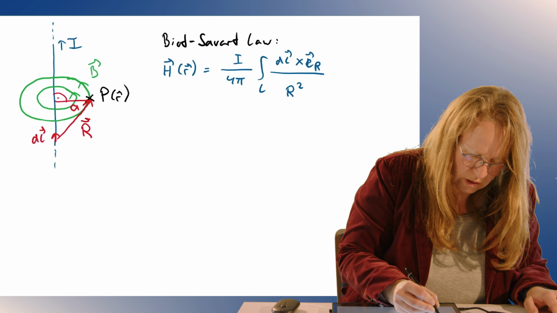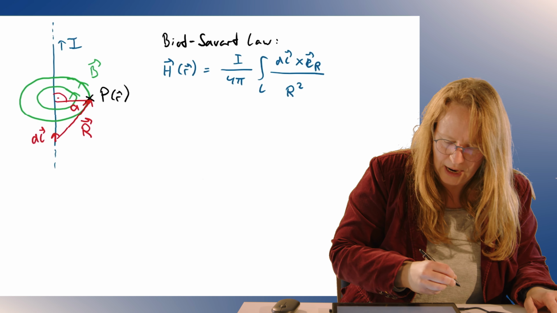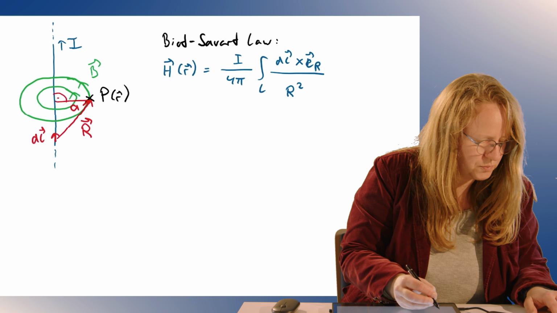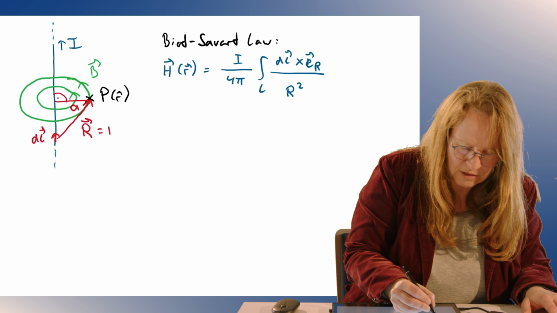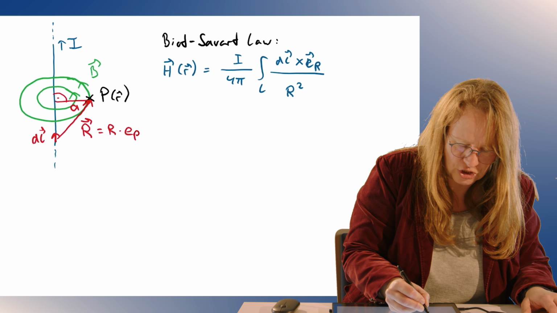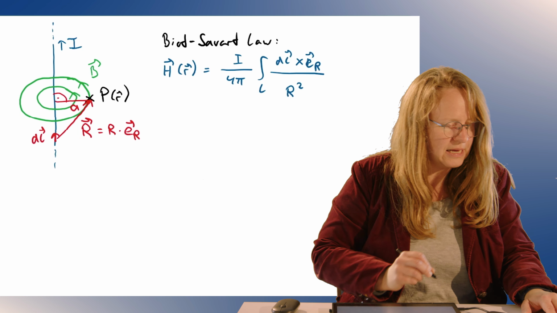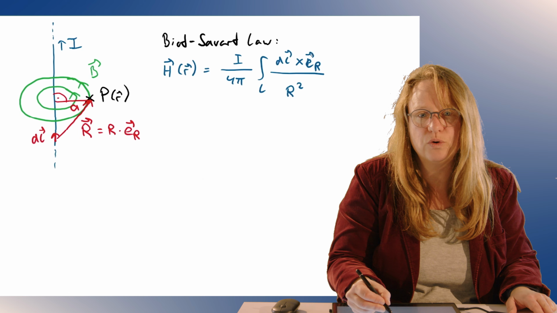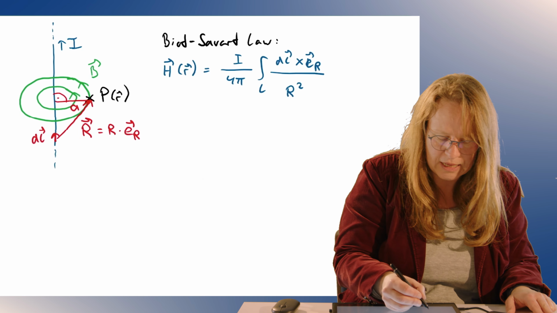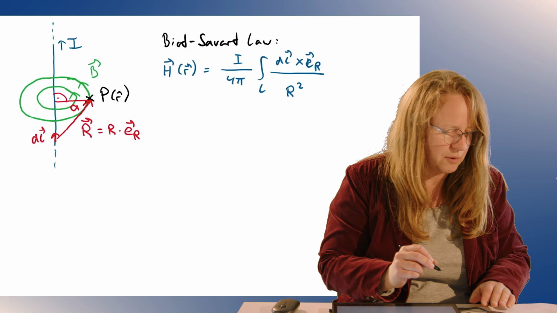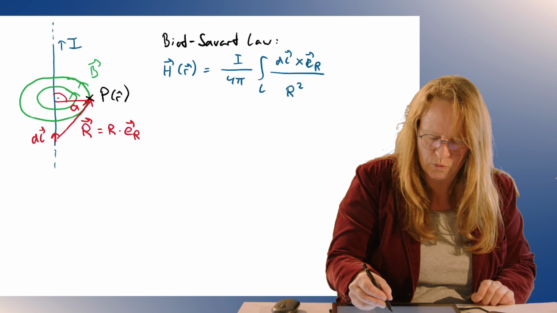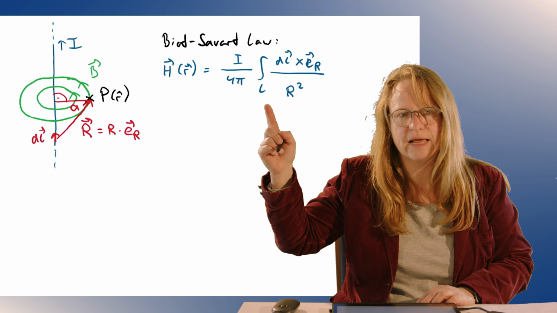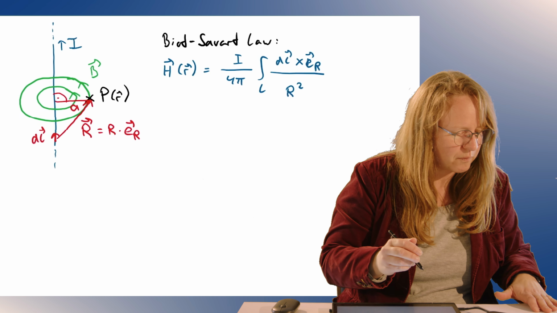This is our vector R. And this vector R connecting the line element of the integration with the point P then has a length given by capital R and a direction given by a unit vector ER in direction of R. So this is how we write it. And so this ER here is a unit vector of length 1 in the direction of the vector R. And what we want to do now is we want to use this law of Biot-Savart here in order to calculate the magnetic field strength.